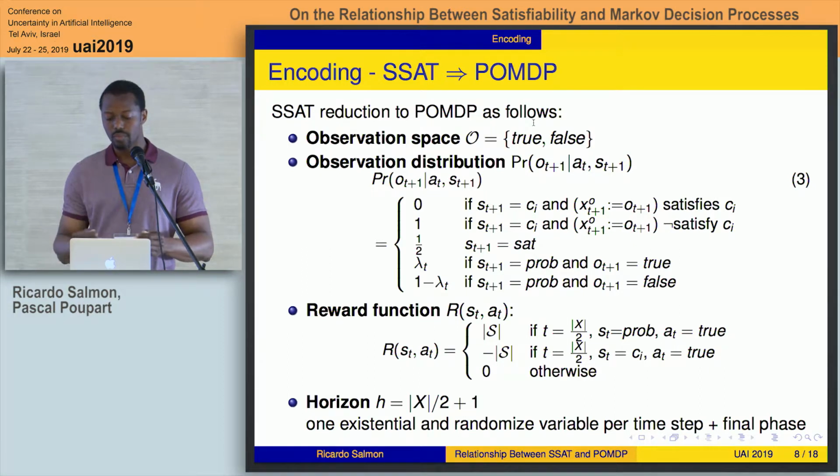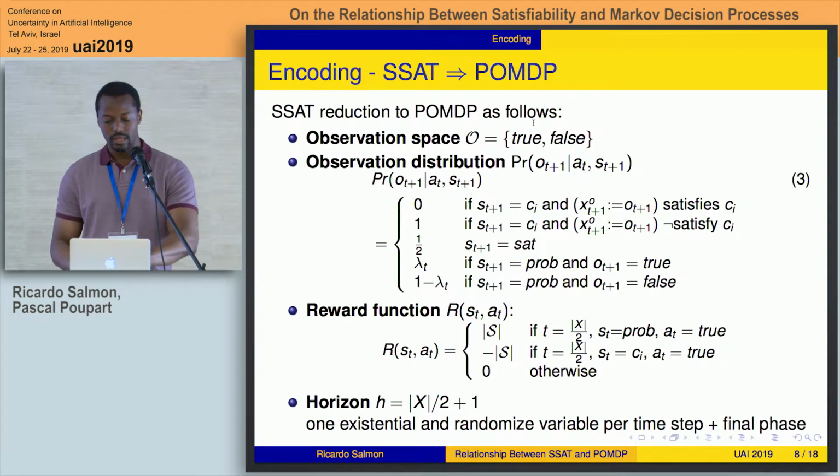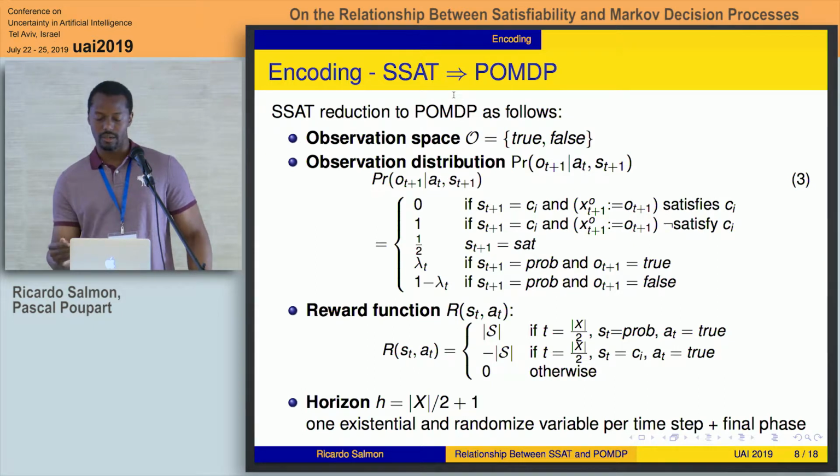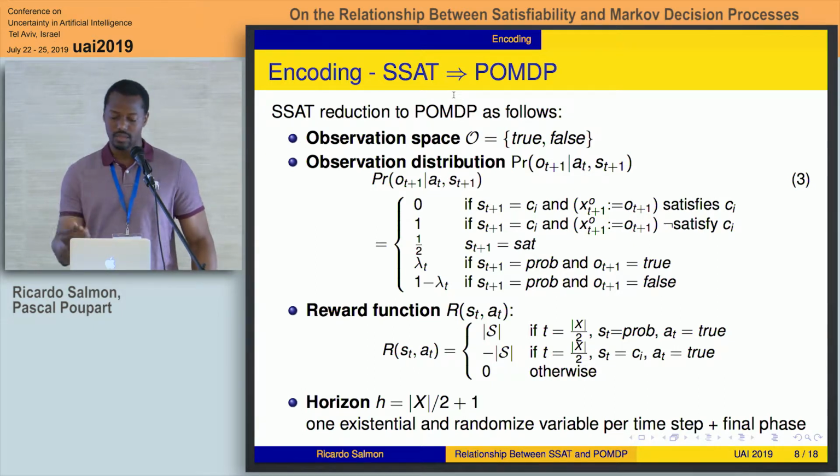So what you can do is have a 0 or 1 to remove mass from a particular state. And the prob state essentially keeps track of the partial assignment. Lambda would be the probability of this particular variable being true in the stochastic SAT problem, and 1 minus lambda is the opposite.